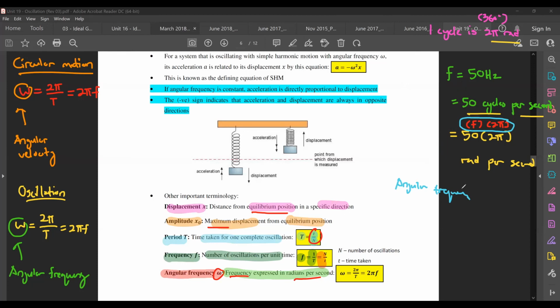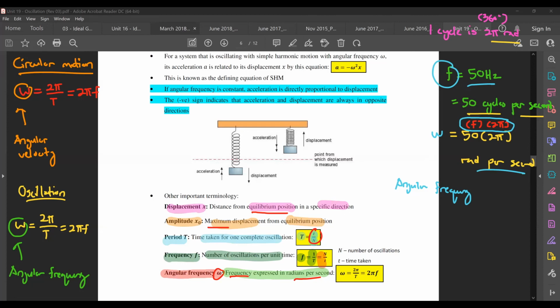Okay, let me just rewrite it properly for you. This is what we call angular frequency, omega. If f itself is 50 hertz, it tells you 50 cycles per second. But I want a way of expressing the frequency in a different way. So if I multiply frequency by 2 pi, what I'm actually getting is the same frequency, but in terms of radians per second only.